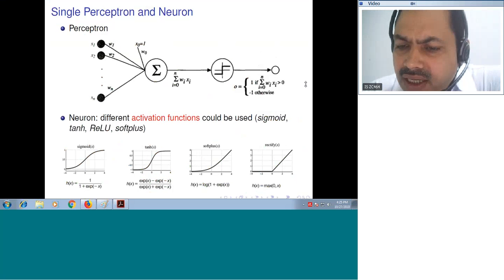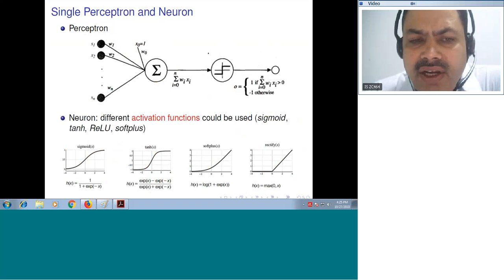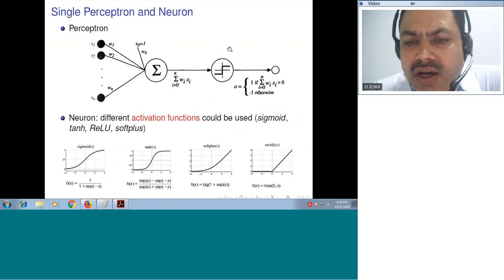Somebody is asking whether all these functions are called neuron. No, when we use these functions at this particular place, this is the perceptron model. In the perceptron model, first we do the consolidation, meaning the weighted multiplication. Then we see what the output should be, and the only condition is that if this value is greater than 0, then we say positive or negative.